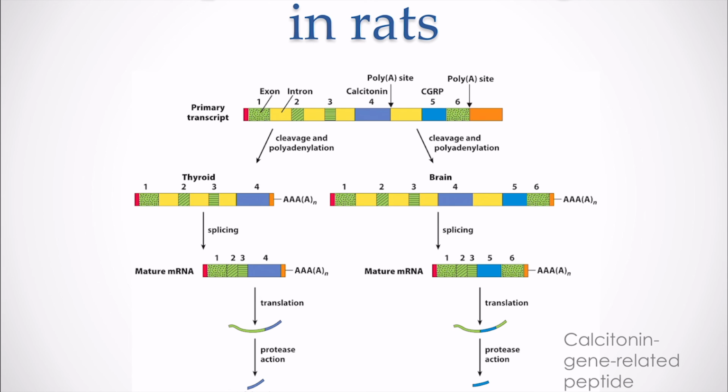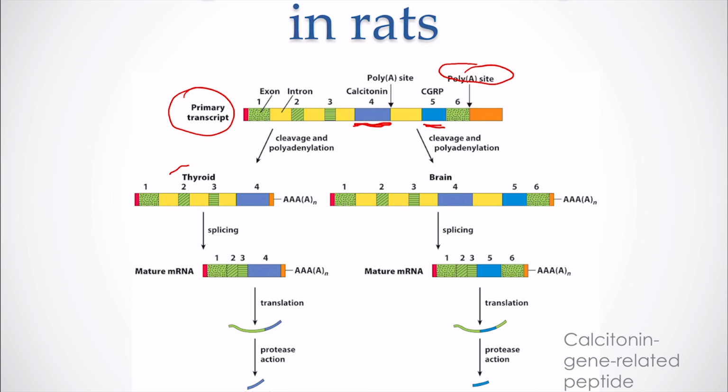Now, an example that is used is calcitonin in rats. Here again, we have our primary transcript. It's going to have our 5' cap, our polyadenylation tail over here, and our introns. It's going to have two important genes that are necessary in two different locations: calcitonin, and then the calcitonin gene-related peptide.